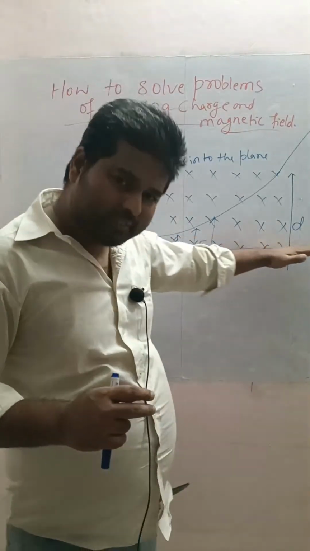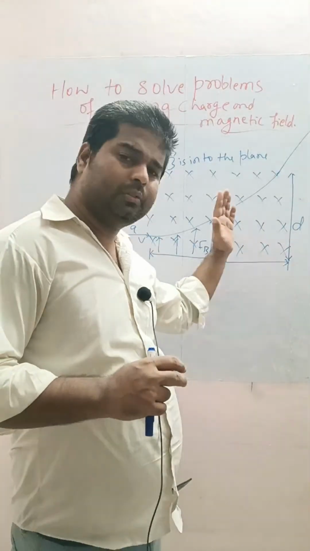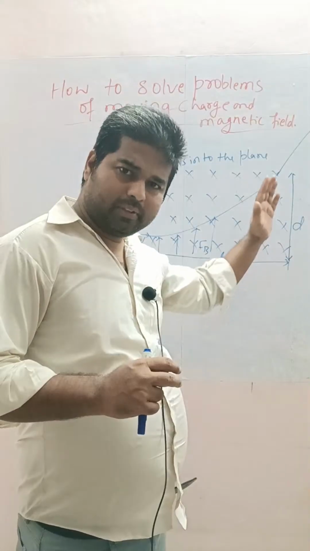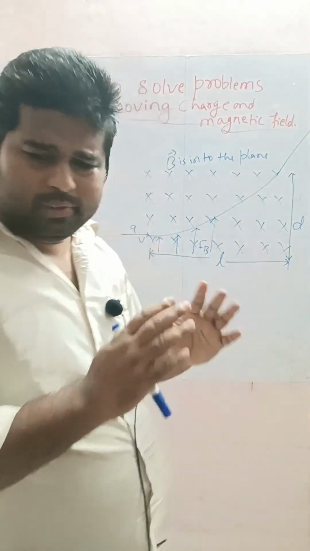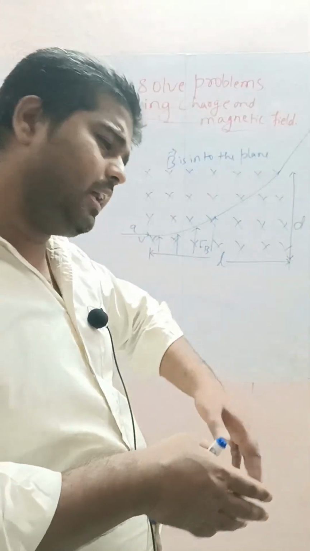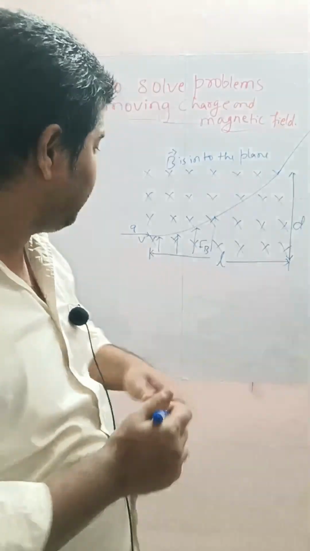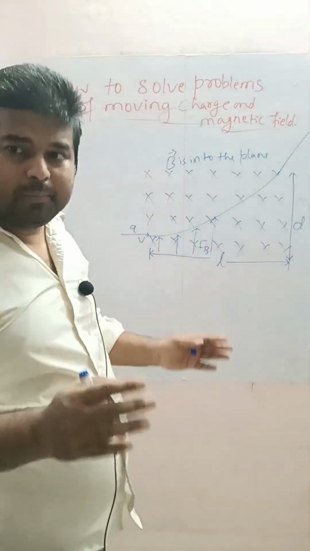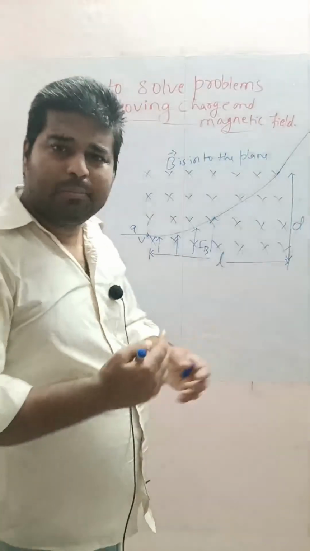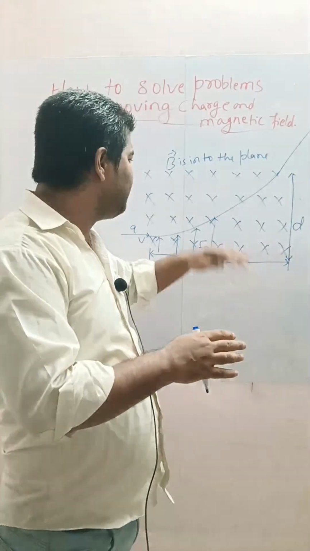Earlier it was moving in this direction. Due to the effect of force, it goes vertical. It has deflection in the vertical direction. Means for something you have to work on the x-axis, and for another thing you have to work on the y-axis. So remember motion in a plane, a combination of motion in a plane with vectors in a magnetic field.